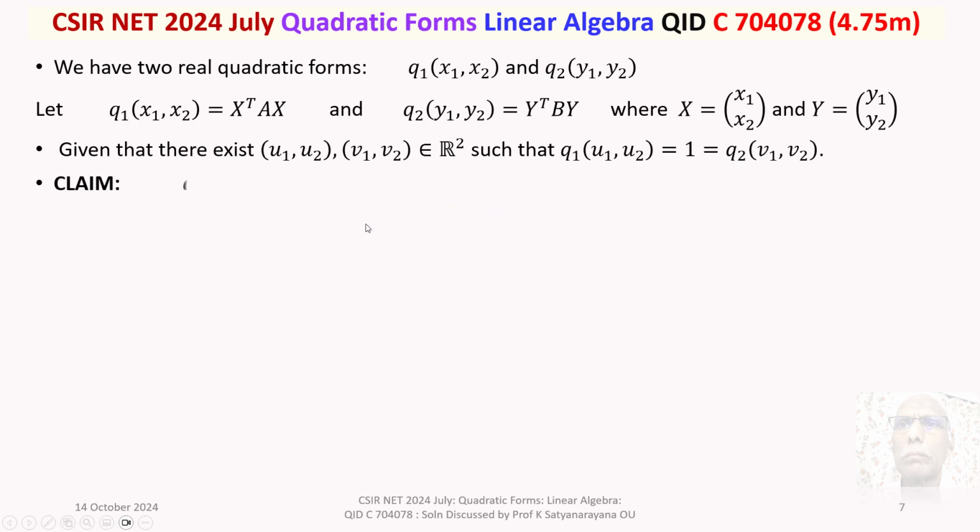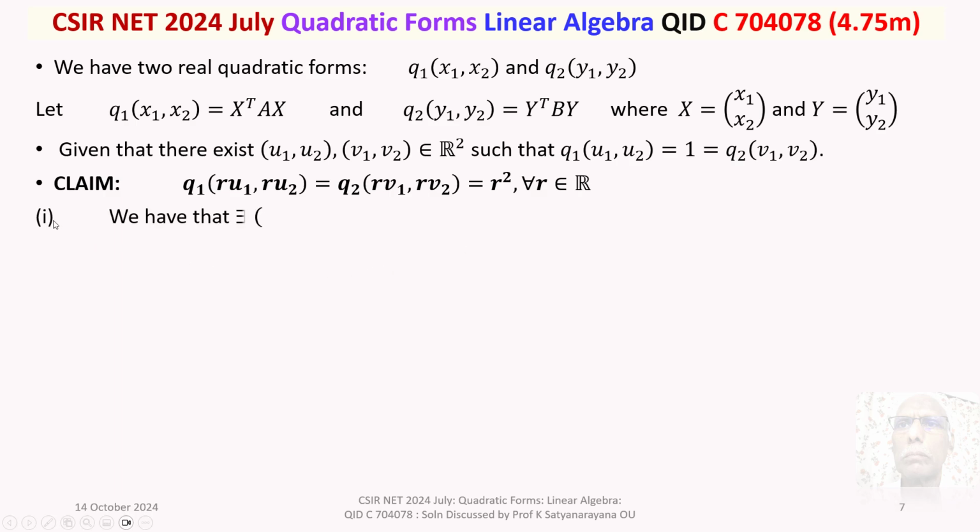We claim q1 of RU1, RU2 is equal to q2 of RV1, RV2 is equal to R square for all real numbers R, small r. It is very simple, but we require this.